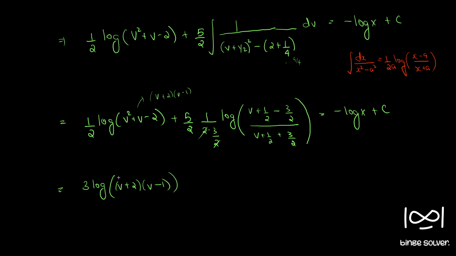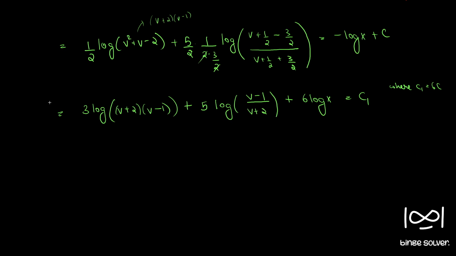So 6 by 2 becomes 3, plus 6 goes, so 5 log v, where 1 by 2 minus 3 by 2 gives v minus 1, and 1 by 2 plus 3 by 2 gives v plus 2, plus 6 log x is equal to another constant c1, where c1 is equal to 6c.